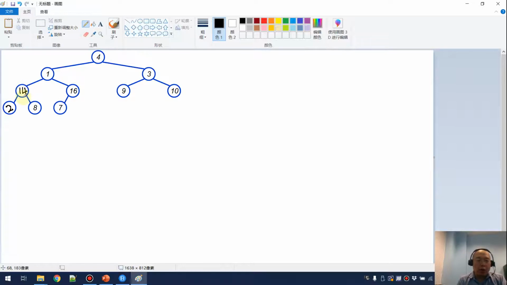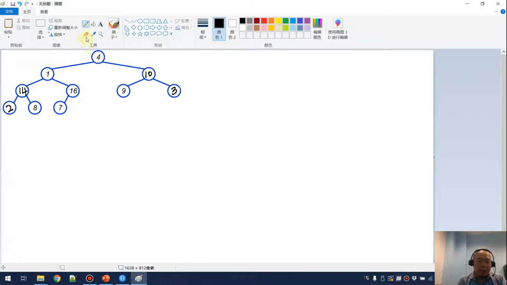We have already touched this node, and then we move on. How about 3? Is 3 at the right place? No way, because 10 is the largest among them. So I want to put 10 here, and 3 here. Then I have finished touching this node.